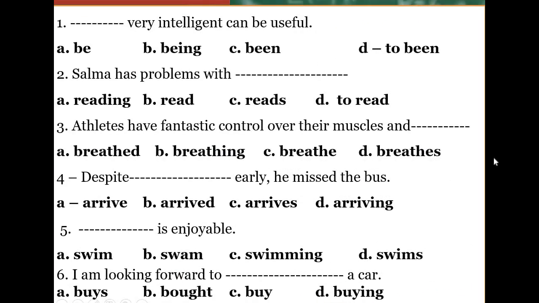Let's practice. Choose the correct answer. Being very intelligent can be useful. Pause the video. Think and try to find the answer. Yes, exactly. Being very intelligent can be useful. Selma has problems with reading.